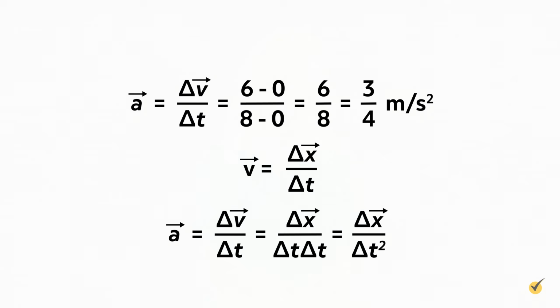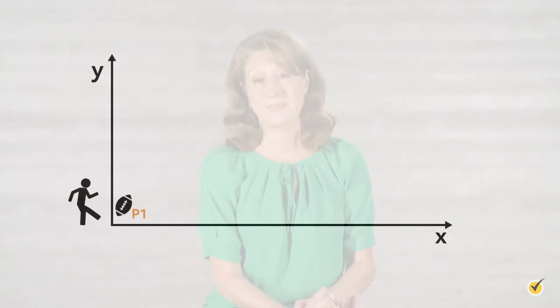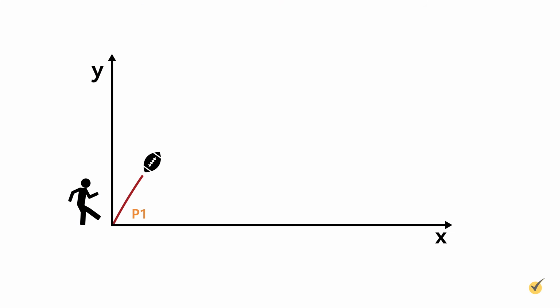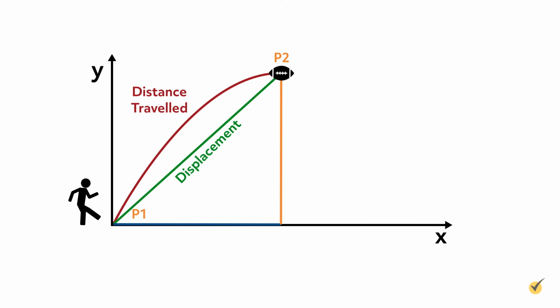Let's take a quick look at a two-dimensional example of a football after being kicked off the ground. Suppose the football is kicked at an angle of 60 degrees with respect to the horizontal. Then sometime later, it's at position 2. We can see that the distance the football traveled is along the parabolic arc, but the displacement is just the hypotenuse of the right triangle that was just drawn.